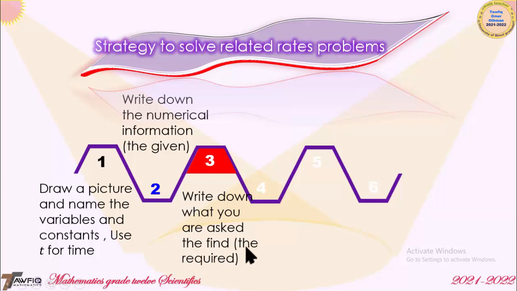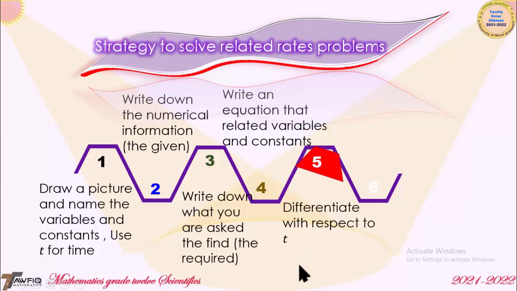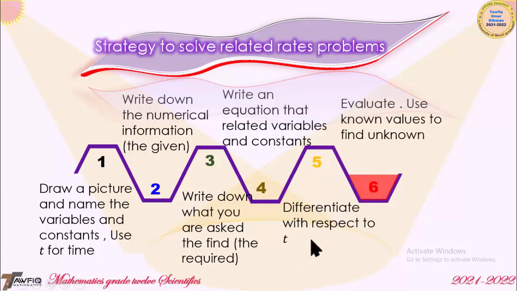That means find the required. Write an equation that relates variables and constants. Differentiate with respect to t and evaluate it. Use the known values to find the unknown.